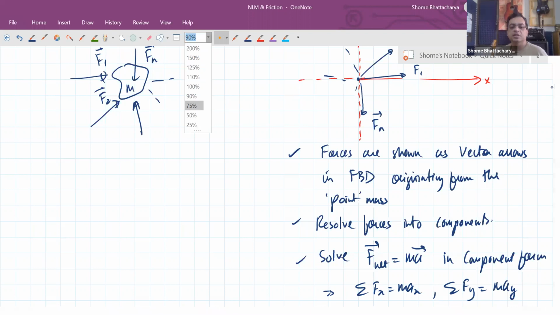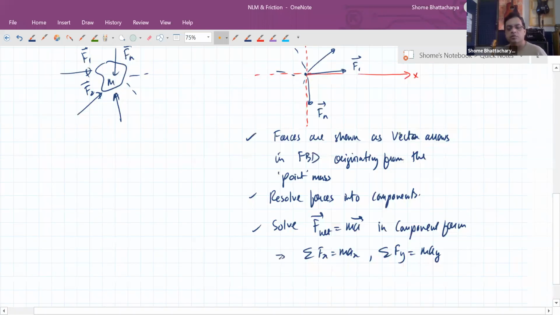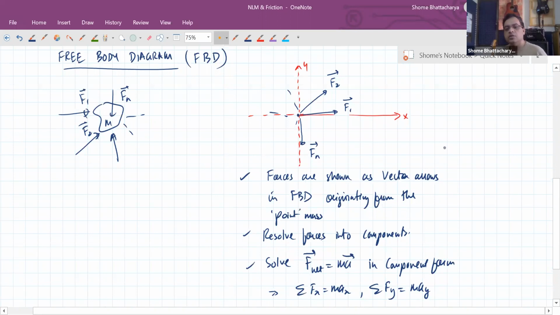So this is basically the application of Newton's second law in component form according to the system of axes which is chosen from the free body diagram. So obviously, to implement this third step, we will have to resolve the forces. Okay, so let's look at some examples to understand this.